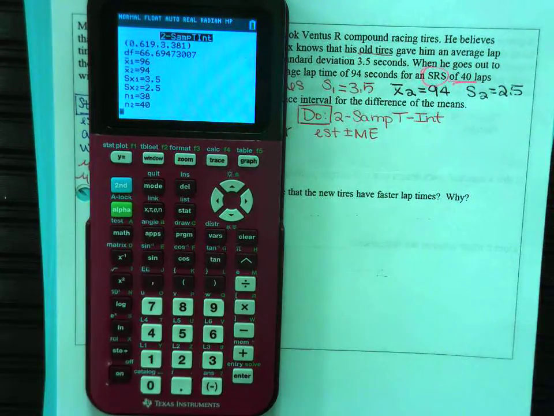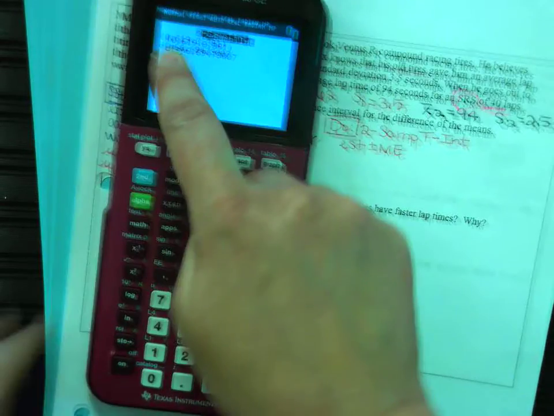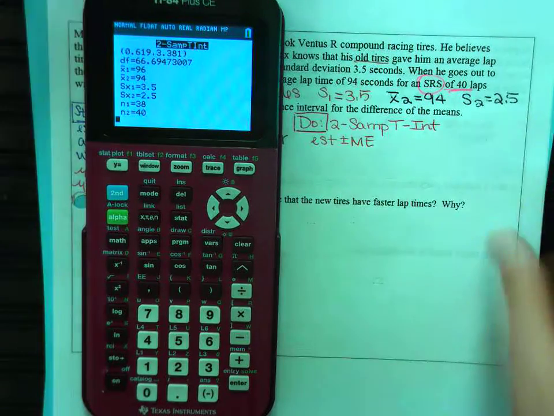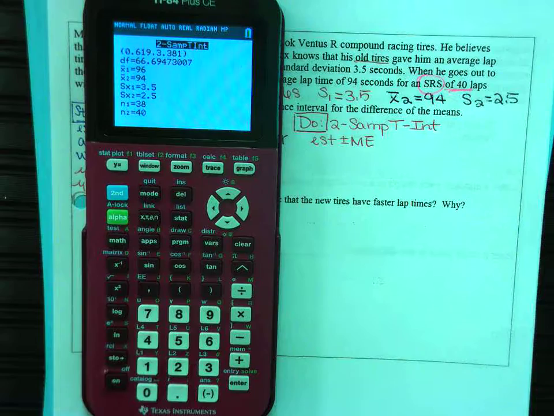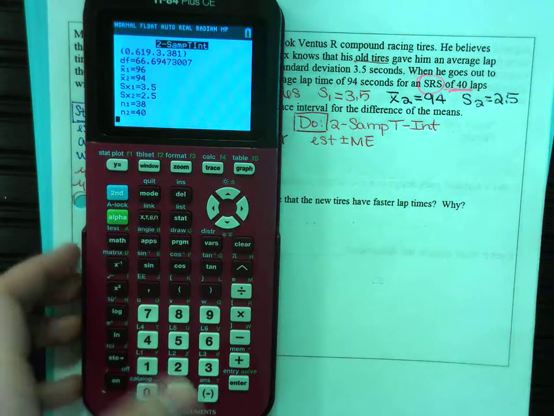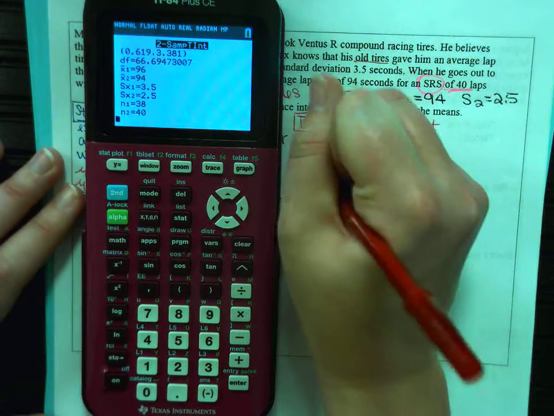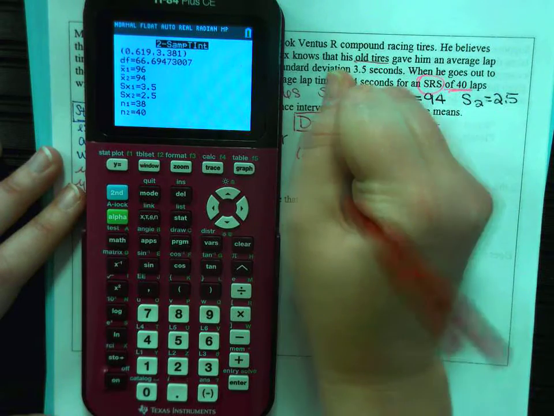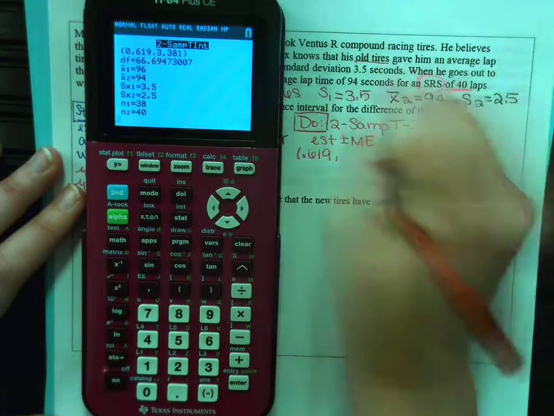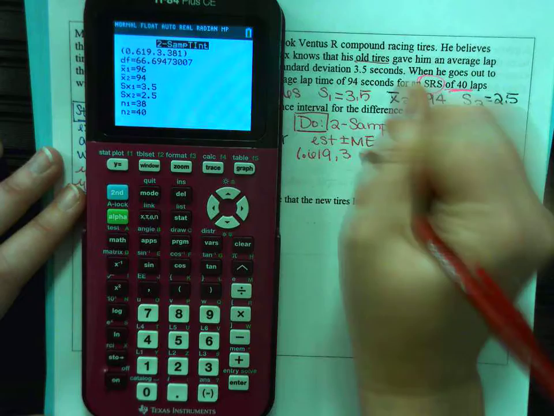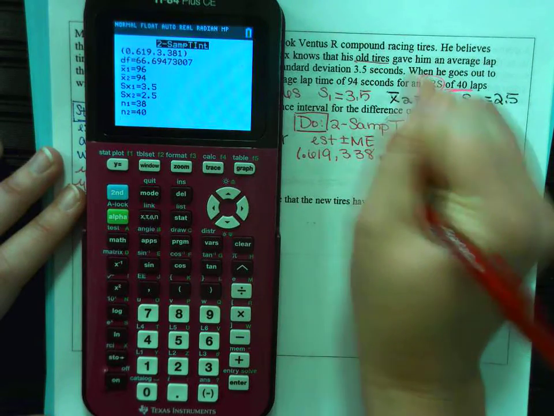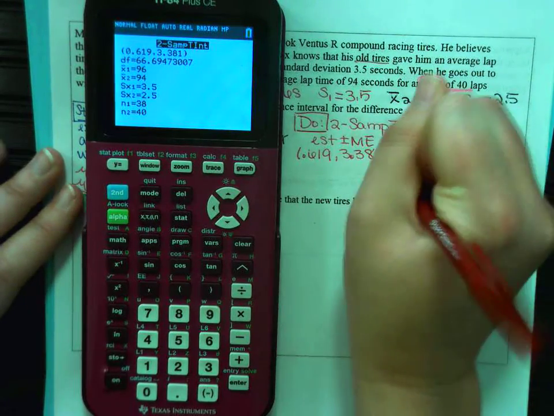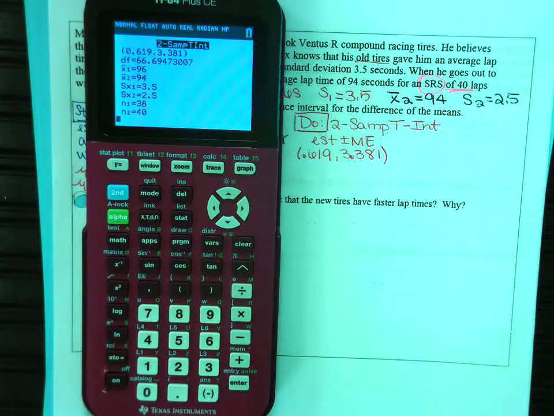All right. So we have our confidence interval from 0.619 to 3.381. Sorry, my decimal disappeared. And our degrees of freedom are 66.69.